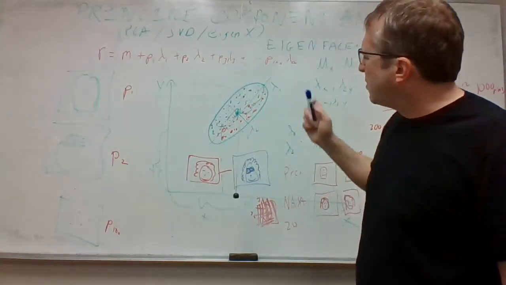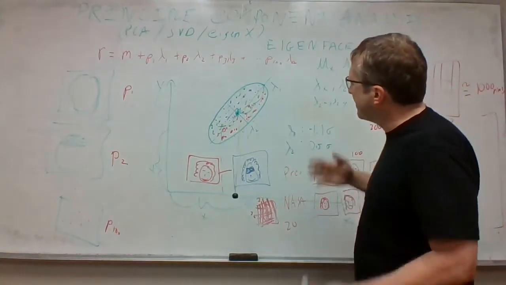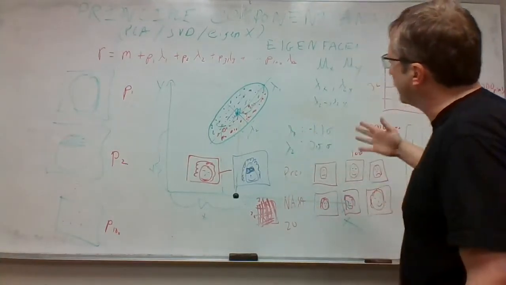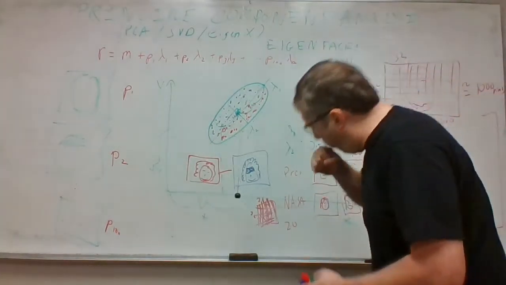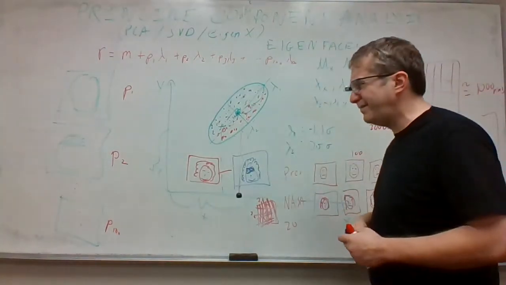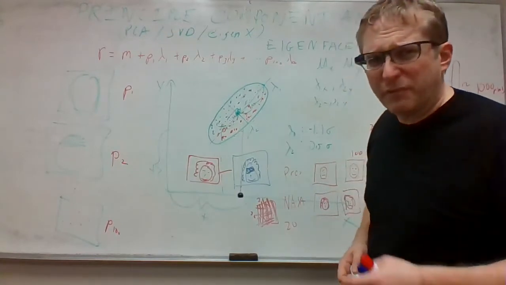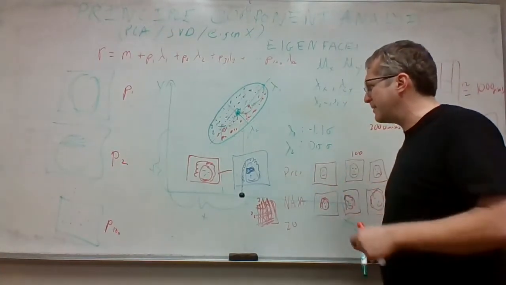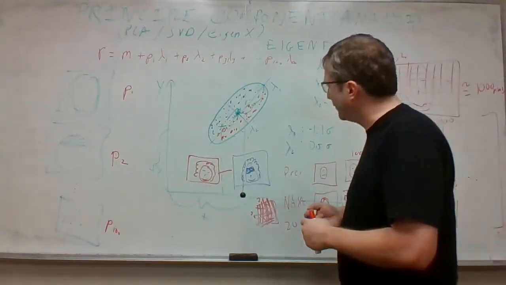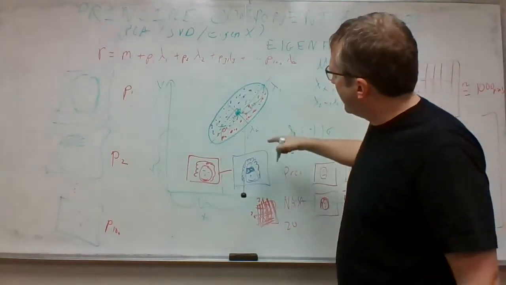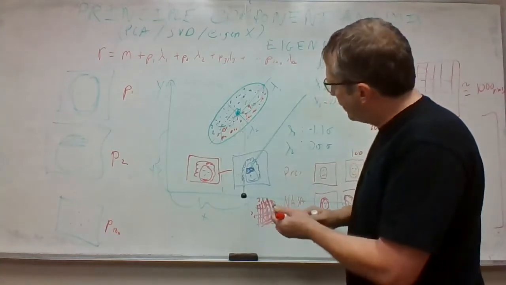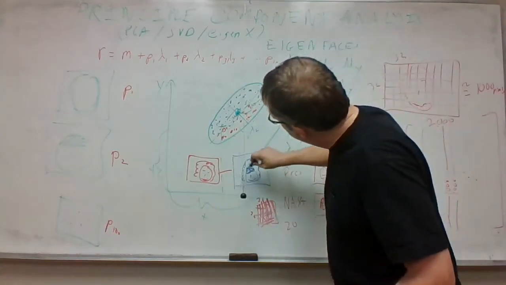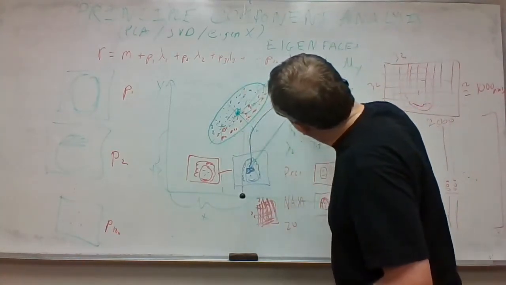But then let's talk about separating out President Johnson from Shirley, the NASA director. If I project my classes onto the first eigenvector, it's going to look something like this, right?